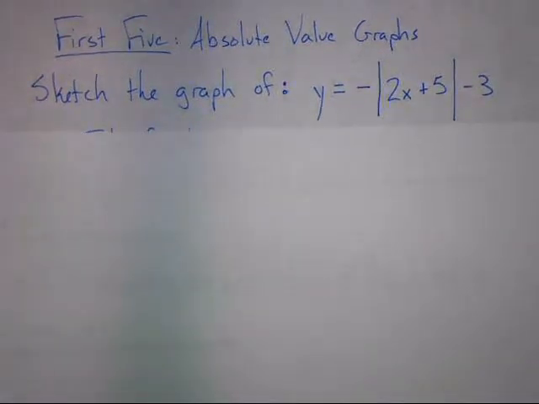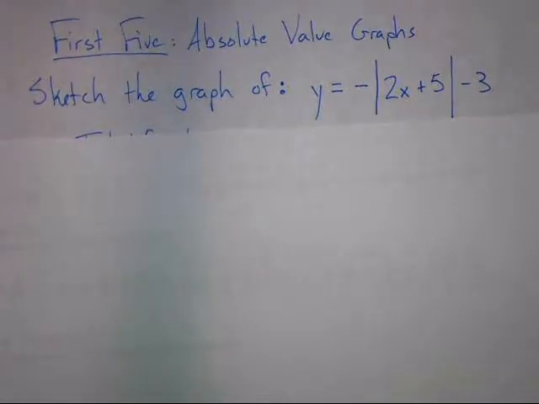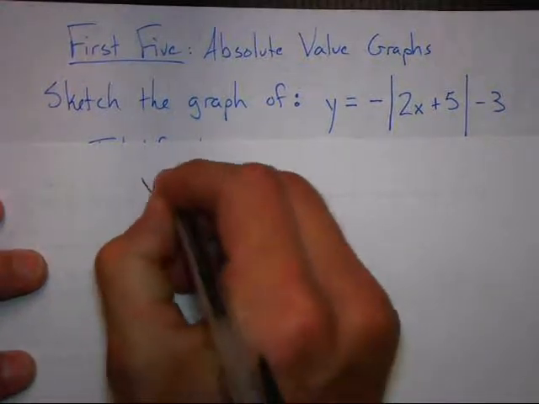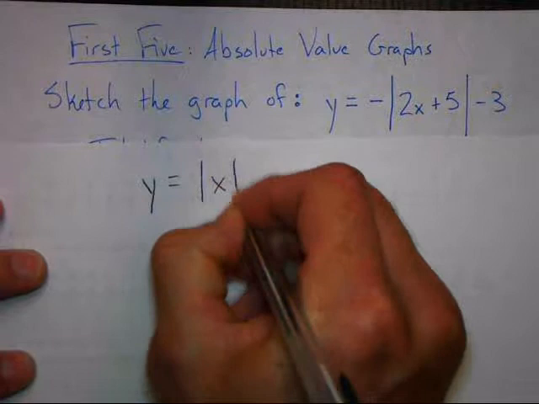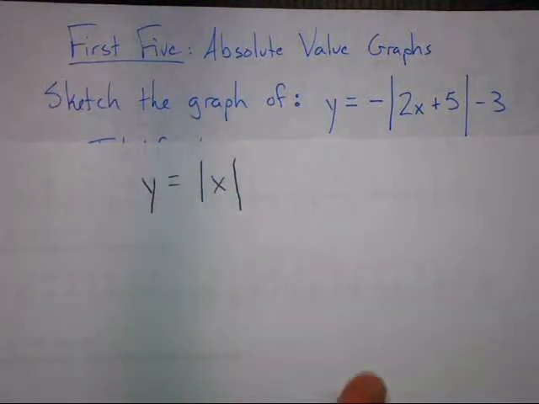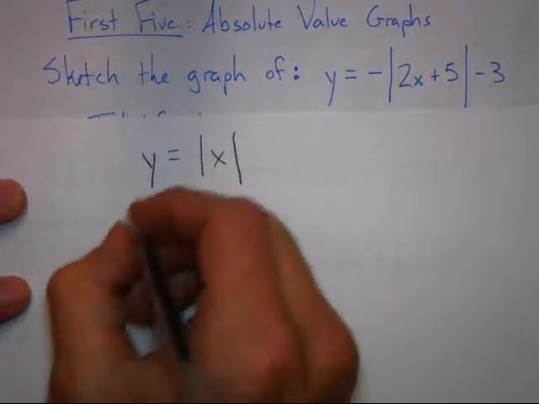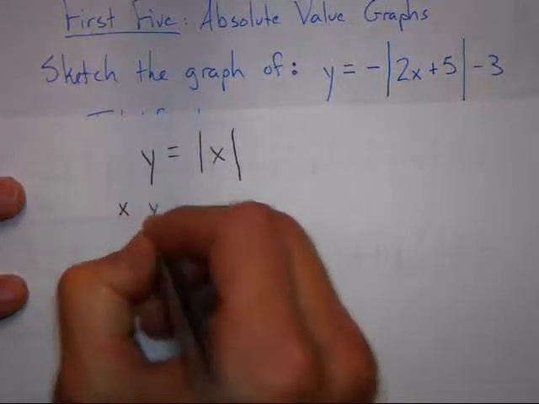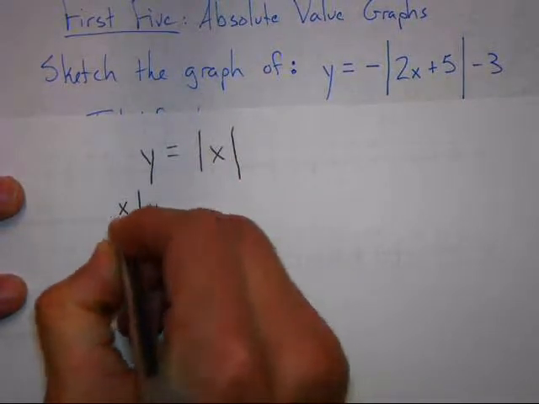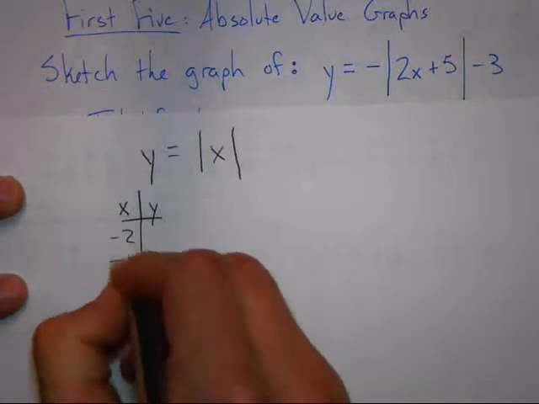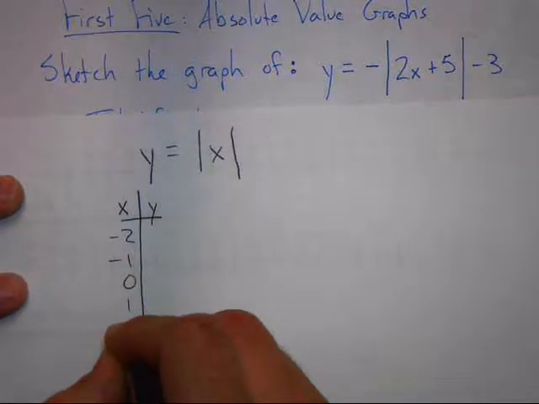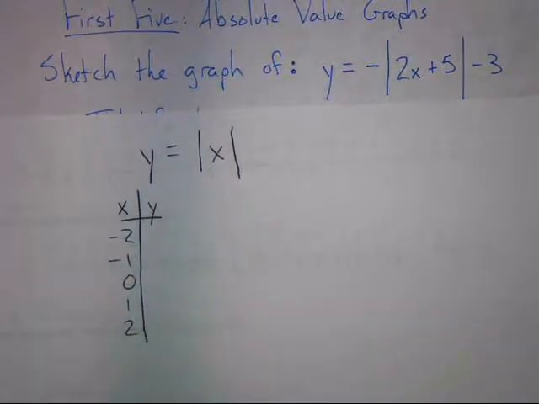And to do that, we can start with the most basic of absolute value functions, which is y equals the absolute value of x. And the way we graph, we remember, is from a table of values. So we make a table of values, and we pick two negative values, 0, and two positive values, and we plug them into the equation to see what we would get back for y.